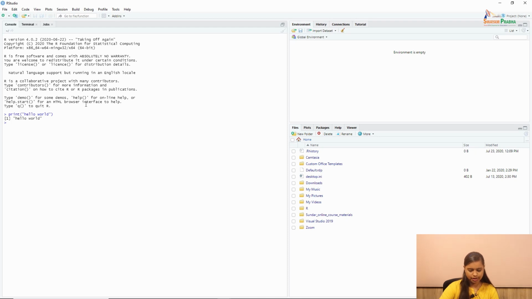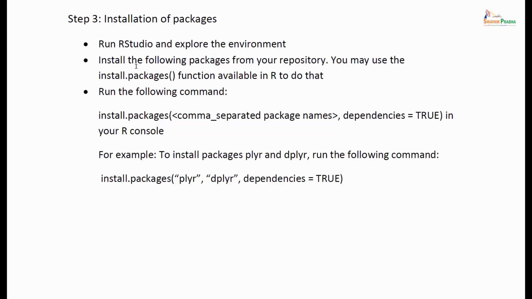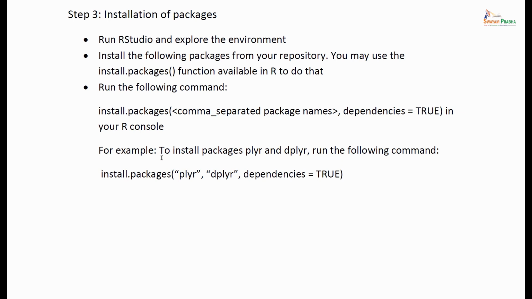Now let's go ahead with the steps given in the document. The second point is to install the following packages from your repository. You may use the install.packages function available in R to do that. For example, you can install the dplyr and plyr packages by using the following command, install.packages.